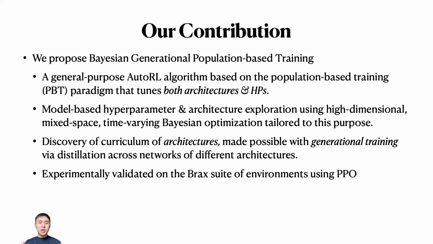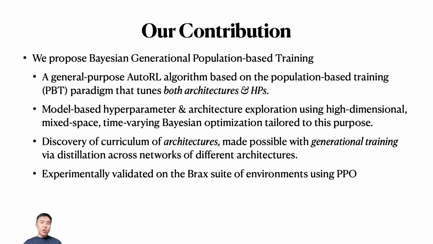So in this work, we propose Bayesian generational population-based training, or BGPBT in short. This is a general purpose AutoRL algorithm based on the PBT paradigm, but it tunes both architectures and hyperparameters. The first innovation is that we use model-based hyperparameter and architecture exploration, using a high-dimensional mixed-space time-varying Bayesian optimization agent tailored to this purpose.